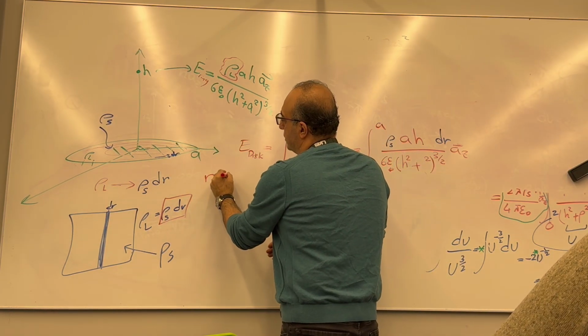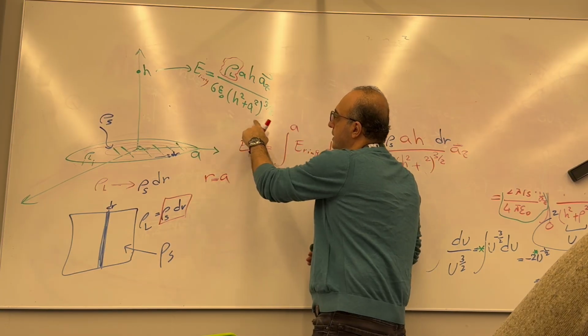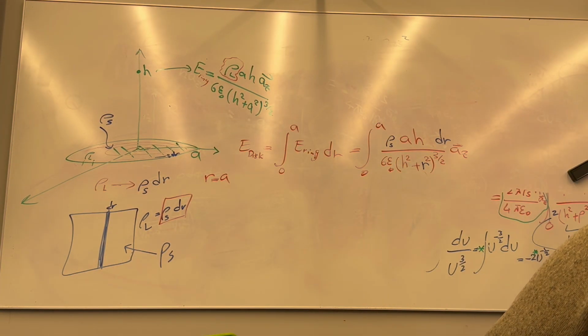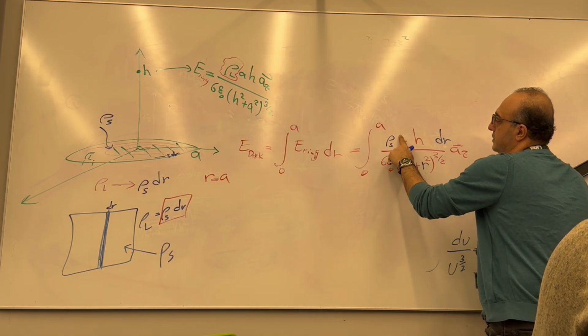So r equals a. In this integral form, I have to change it to r, including the a in the numerator. Is there anything? Yes, this one I have to change. Thank you.